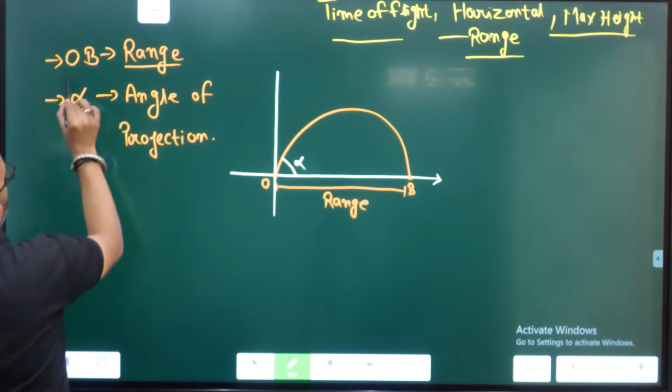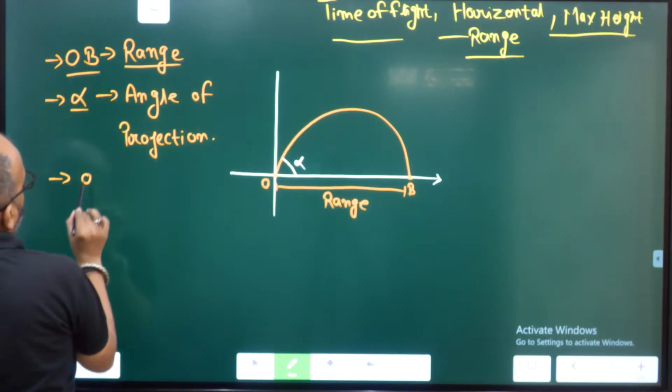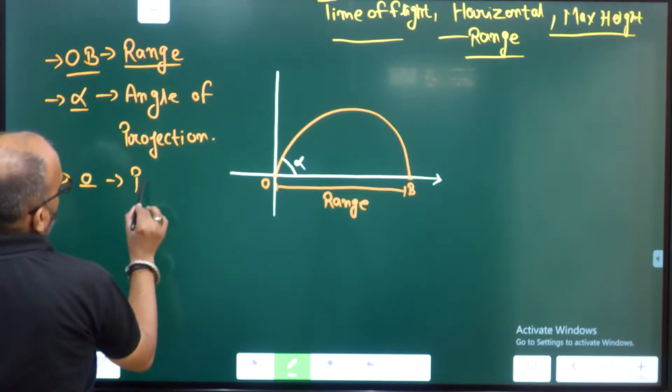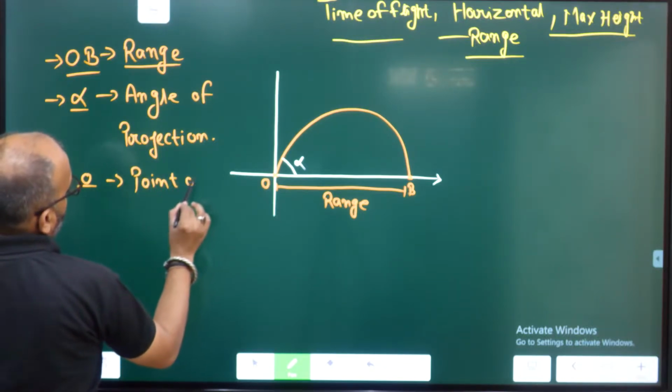Point O is known as point of projection.